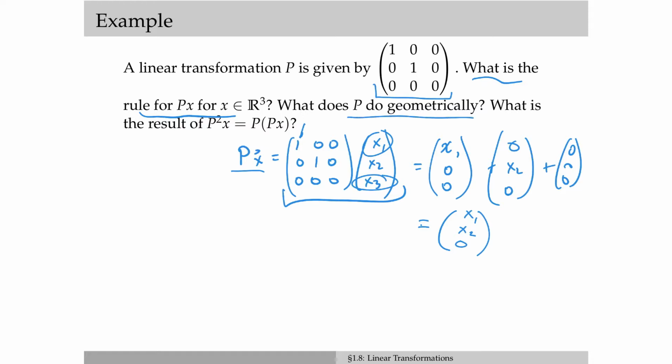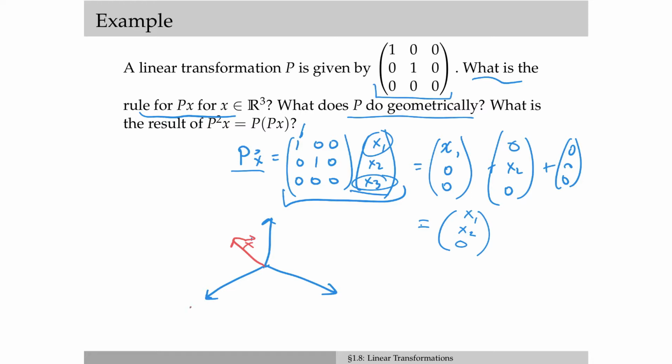What does that mean to us geometrically? All right, think about that. x1, x2, x3, that's something in three-dimensional space. So I have some arbitrary vector x sitting here. It's got coordinates x1, x2, and x3.